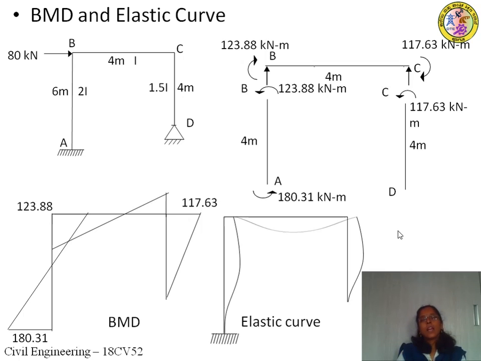In these 9 sessions we have discussed how to analyze continuous beams with fixed ends, continuous beams with simple or simply supported ends, continuous beams with overhanging supports, continuous beams with sinking supports, and analysis of non-sway frames, with the unsymmetrical non-sway frame and symmetrical non-sway frame, and we have analyzed sway frame, general sway frame and pure sway frame. Okay, so we have analyzed all types of problems, which covers your entire syllabus.